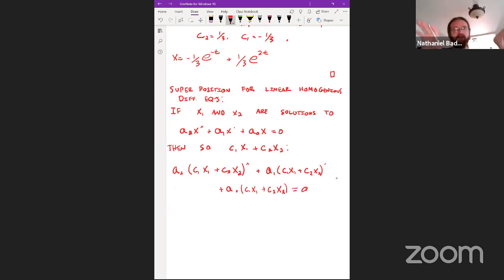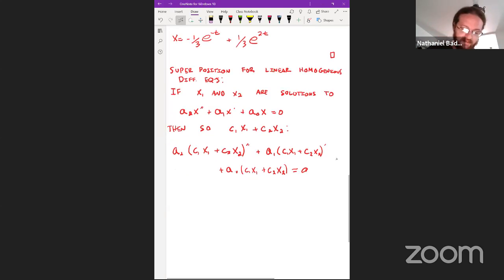Splitting this all up, we get two separate equations: C1 times (a2 x1 double prime plus a1 x1 prime plus a0 x1) plus C2 times (a2 x2 double prime plus a1 x2 prime plus a0 x2).